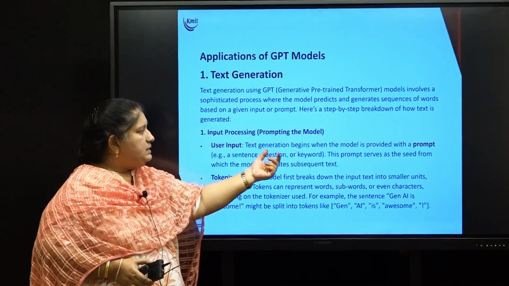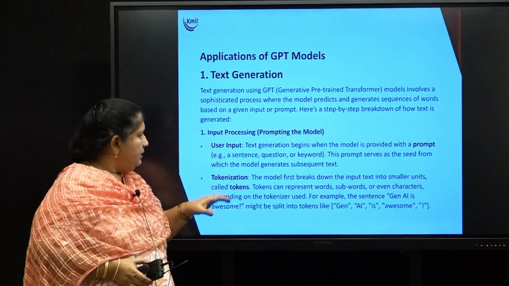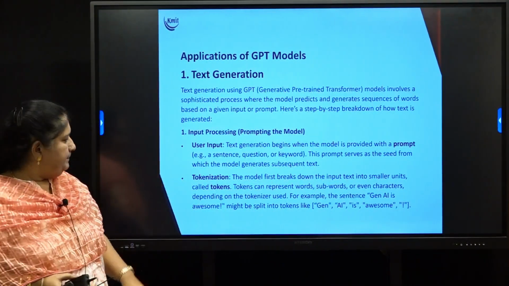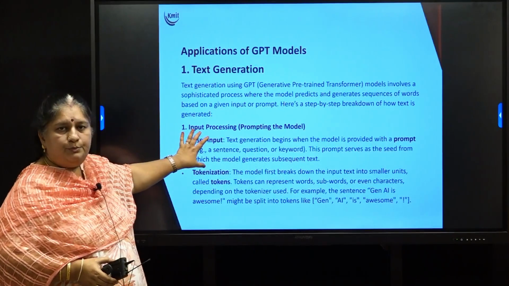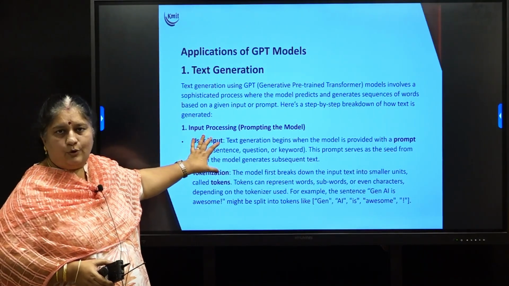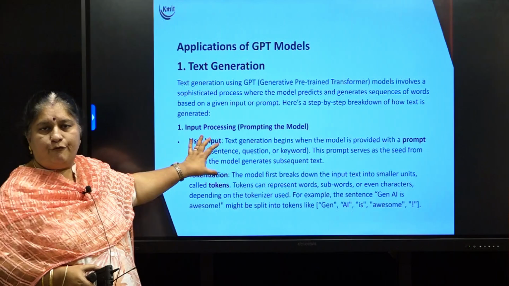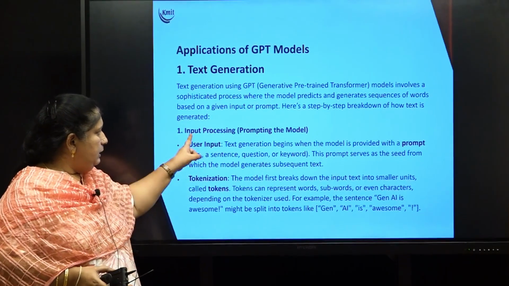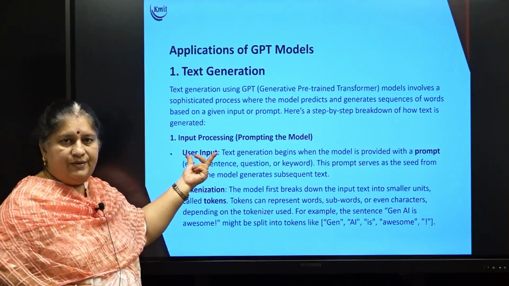This prompt serves as the seed from which the model generates the rest of the text. So first the user input should be given, which we call the prompt, which acts as a seed for text generation.